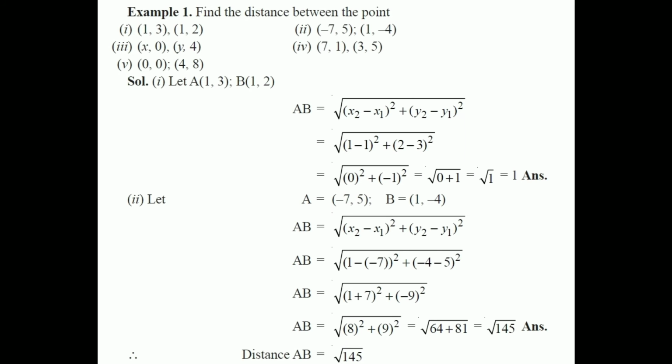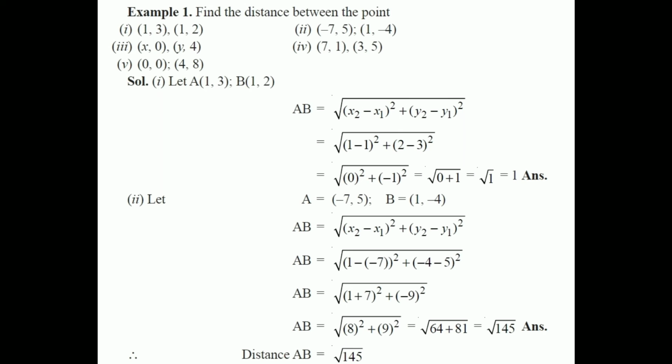And putting the values, distance AB becomes square root of (1 minus 7) square plus (minus 4 minus 5) square, is equal to (1 plus 7) whole square plus (minus 9) square. It is equal to 8 square plus 9 square under the root, is equal to 64 plus 81 square root, is equal to under root 145.